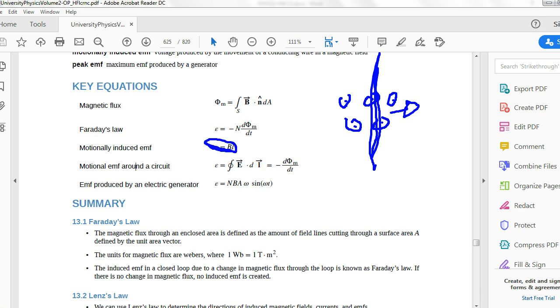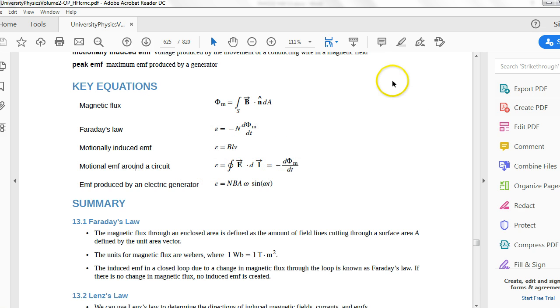The electromotive force is proportional to the magnetic field, the length of the bar in the magnetic field, and the velocity v with which it's moving. And you can actually measure this by waving a screwdriver around near the NMR and measuring the pinch along the length of the screwdriver.